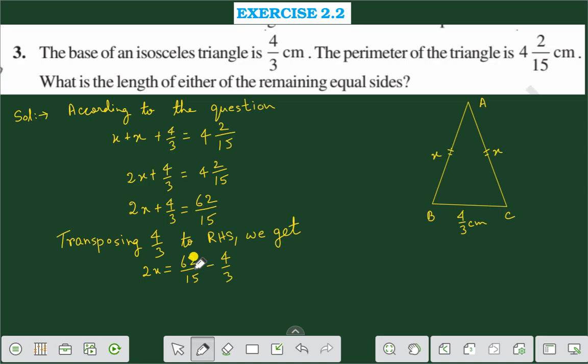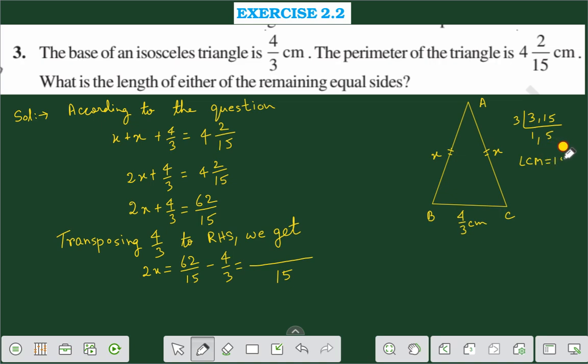If we take the LCM of 3 and 15, the LCM will be 15. 3 times 1 is 3, 3 times 5 is 15. Therefore the LCM is 3 into 5, that is 15.